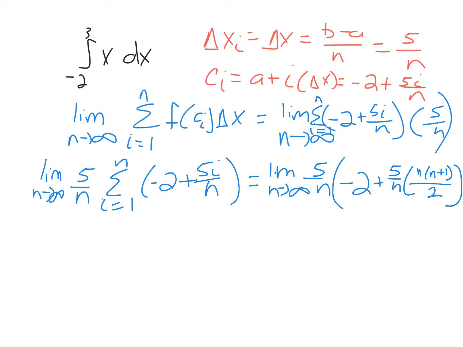We simplify this, and regardless, you get n right there, negative 2n. So that does simplify to, keep the parenthesis, keep the negative 2n for now.